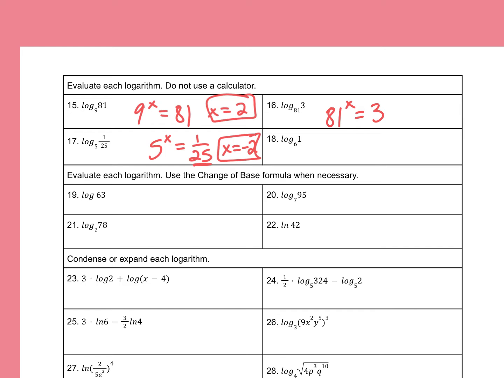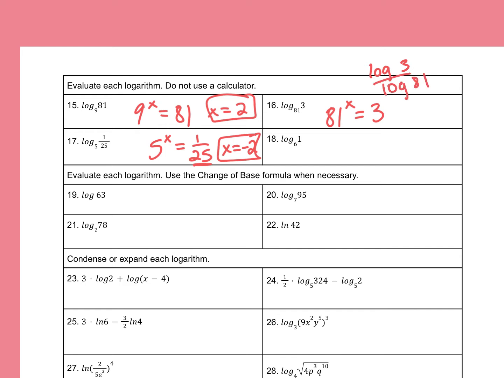But if I think about my knowledge of square roots and cube roots, if I cube root 81, that's actually not going to be 3, but if I do 4th root of 81, that's going to be 3. Don't expect you to know that in your head. Again, if you were checking this in the calculator, you'd type in log 3 divided by log 81.